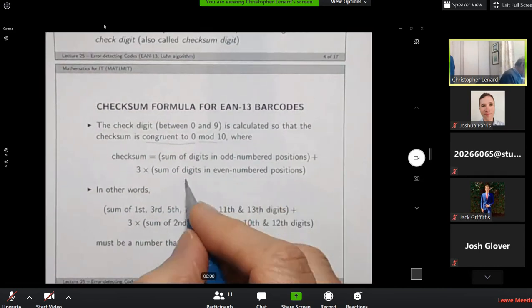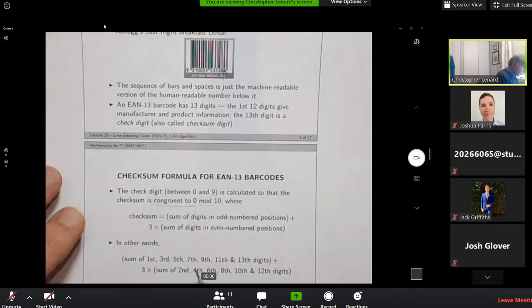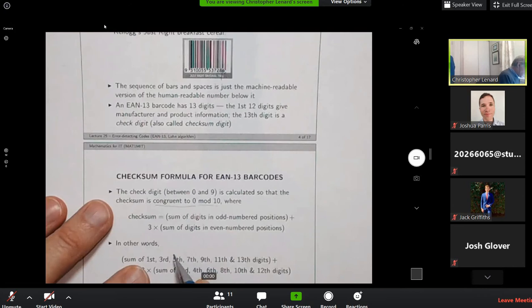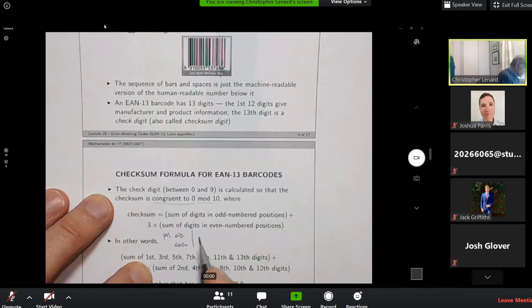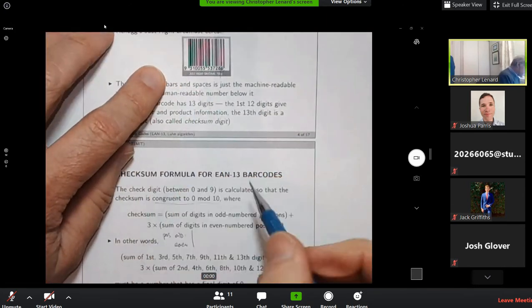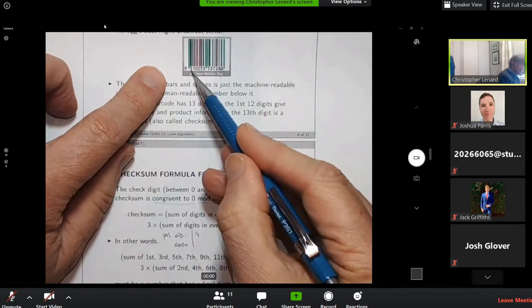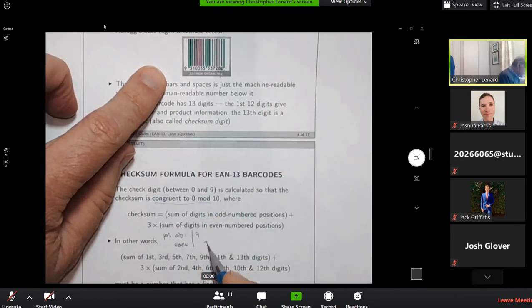So if I look at the positions, the odd numbered and the even numbered, 9 is in the first position, so it's in an odd numbered position. 3 is in the second position, so it's in an even numbered position.